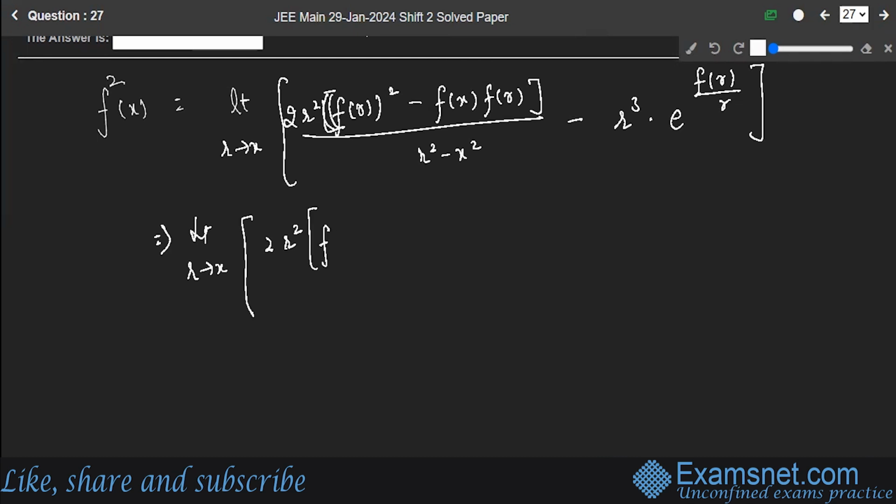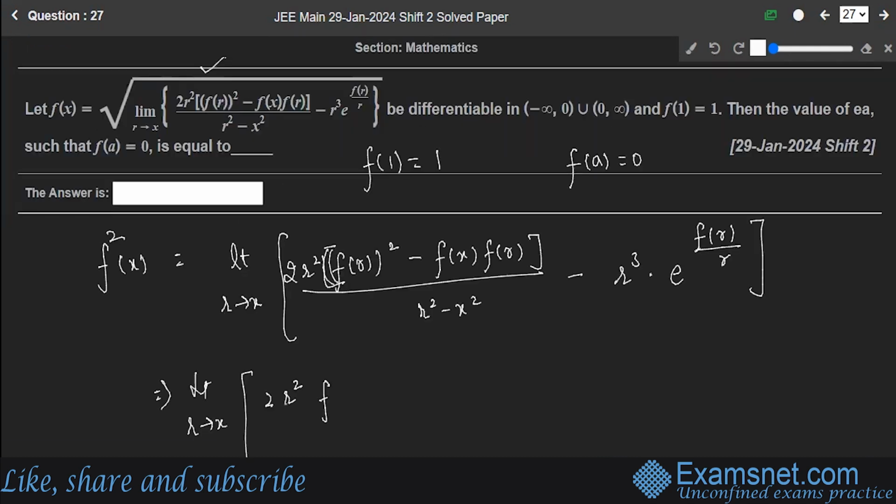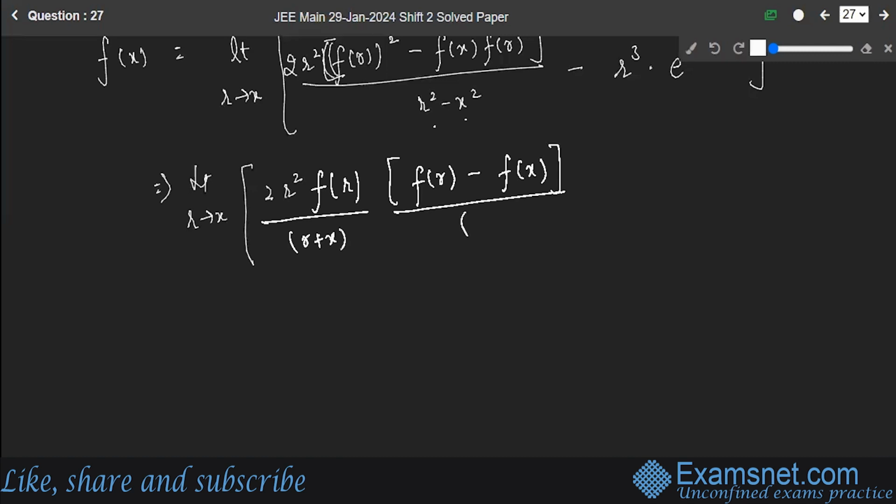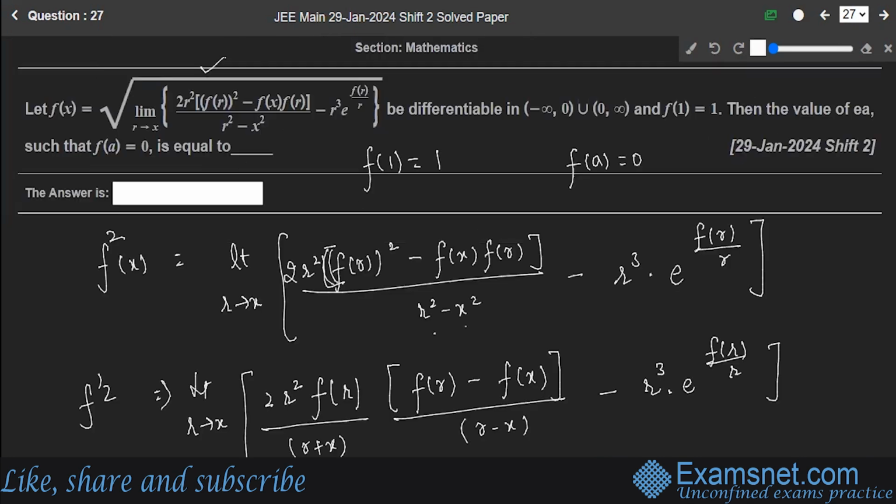So now this is in the bracket. I'm going to take fr common from here. Inside will be left with fr minus fx divided by, now I will break this r square plus x square as r plus x, and here I will write r minus x. This is r power 3 e power f of r upon r. This was your f square x.